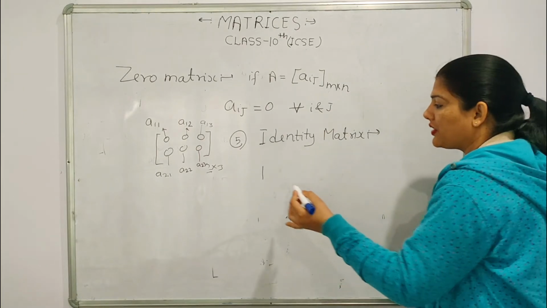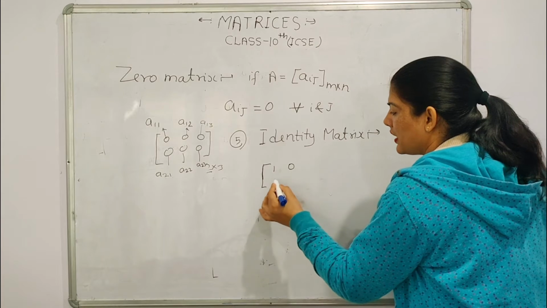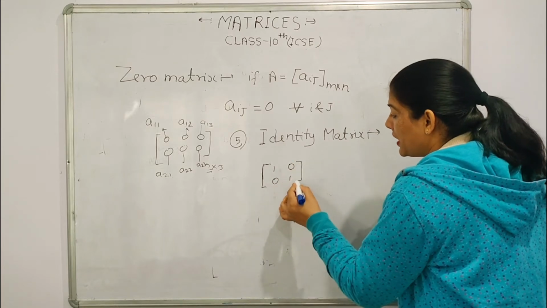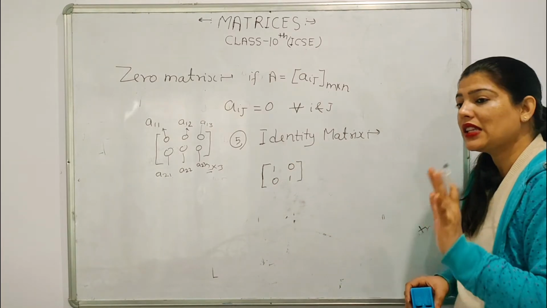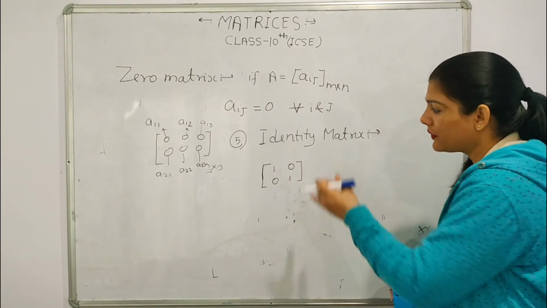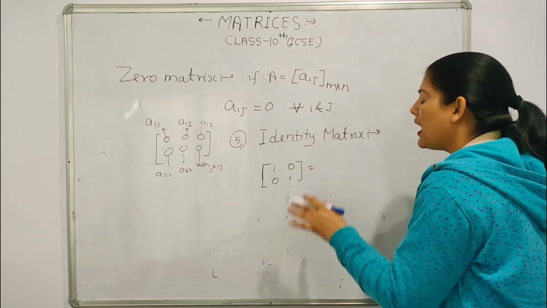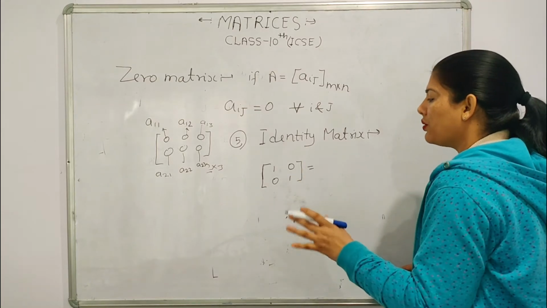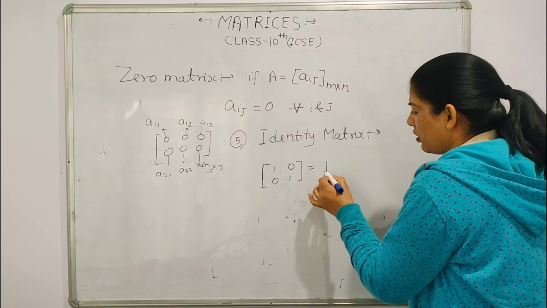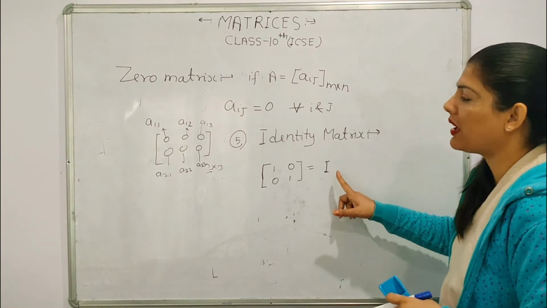So you will write the identity matrix like this: 1 0 0 1. That means we have to write the diagonal elements equal to unity or identity, that is, simply equal to 1, and other elements are equal to 0.